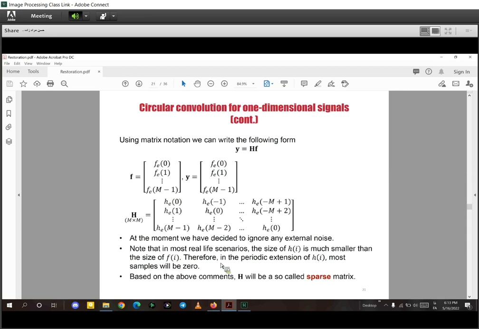That is, h is 0 in the periodic extension of h. Since h was small, the extended h samples will be 0. Why? Because we said the size of both should be the same, M.